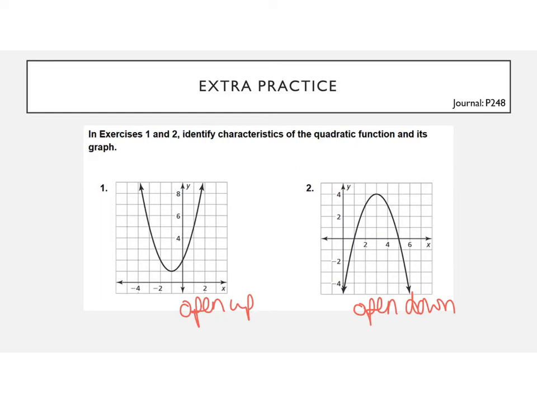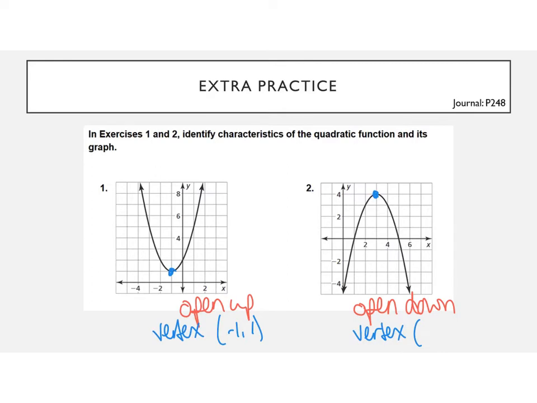Then remember that we can talk about the vertex, and the vertex is a point. So it's the turning point. For number 1, the vertex has what ordered pair? Should be (-1, 1) is what it looks like to me. And for number 2 over here, the vertex has what ordered pair?